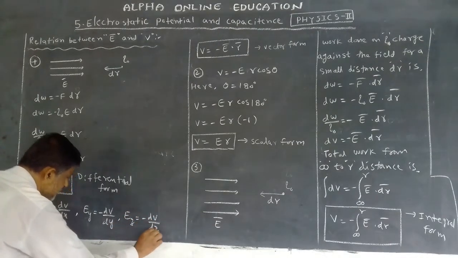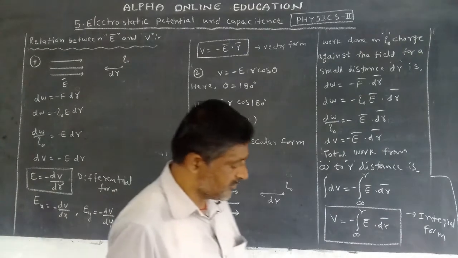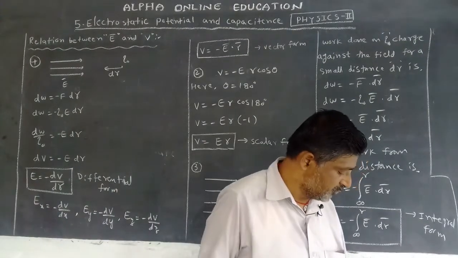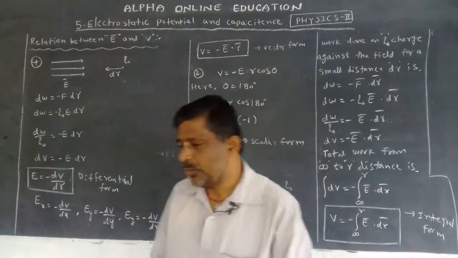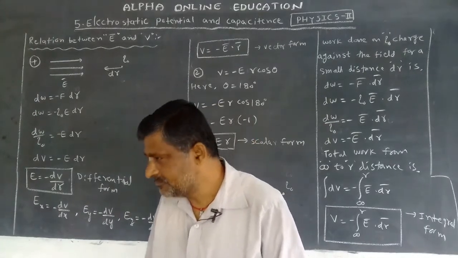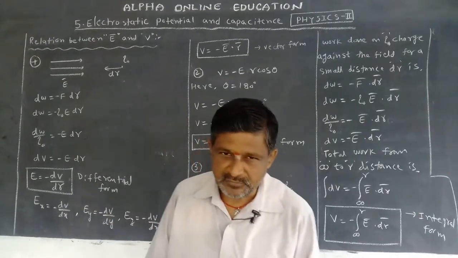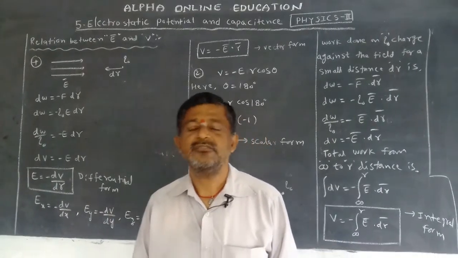Okay, now these are the forms. Between E comma V, we have four types of relations. First one is the vector form, second one is the scalar form, third one is the integral form, and fourth one is the differential form.